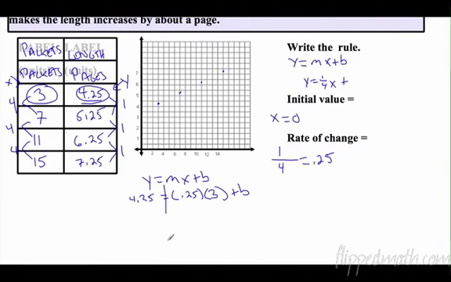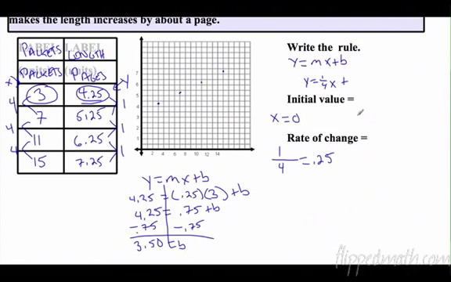So now we're going to solve, just like in a normal equation. 0.25 times 3 is 0.75, plus b. Now I have to get b by itself, so I'm going to subtract 0.75 from both sides. 4.25 minus 0.75 is 3.50, equals b.